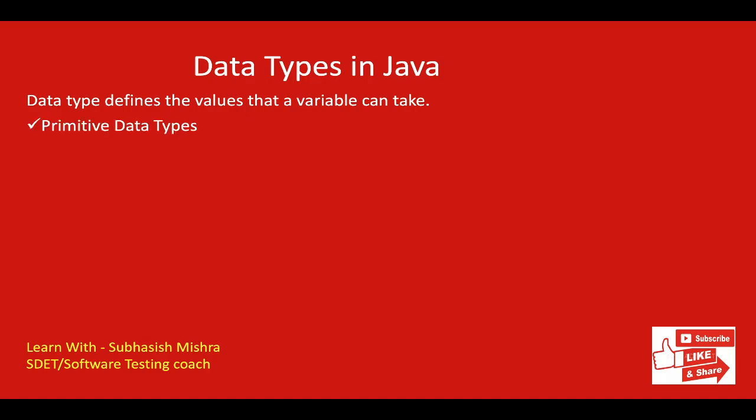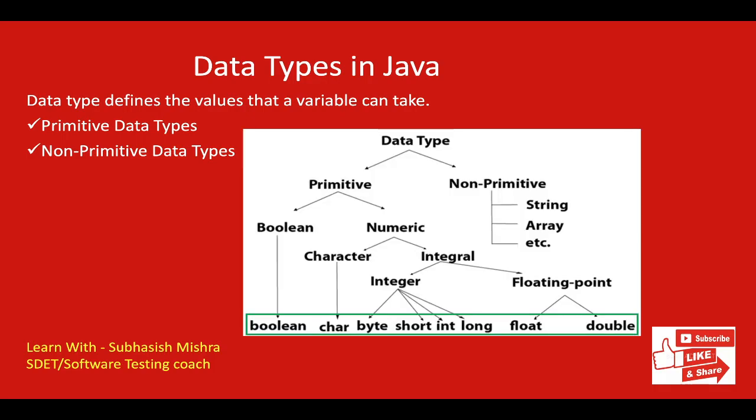In Java, we have two categories of data type. One is primitive data type and the other one is non-primitive data type. So here you can see all these different types of data type. What is primitive data type? Primitive data type is predefined by the programming language.